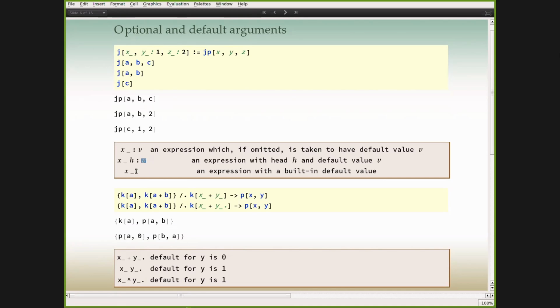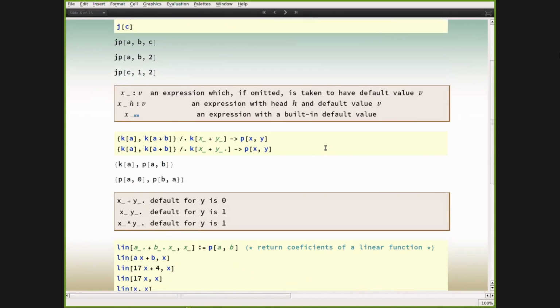There is also a special operator, a dot, and then the expression, if omitted, will be given a built-in default value. So for addition, the default value is 0. For multiplication, the default value is 1.